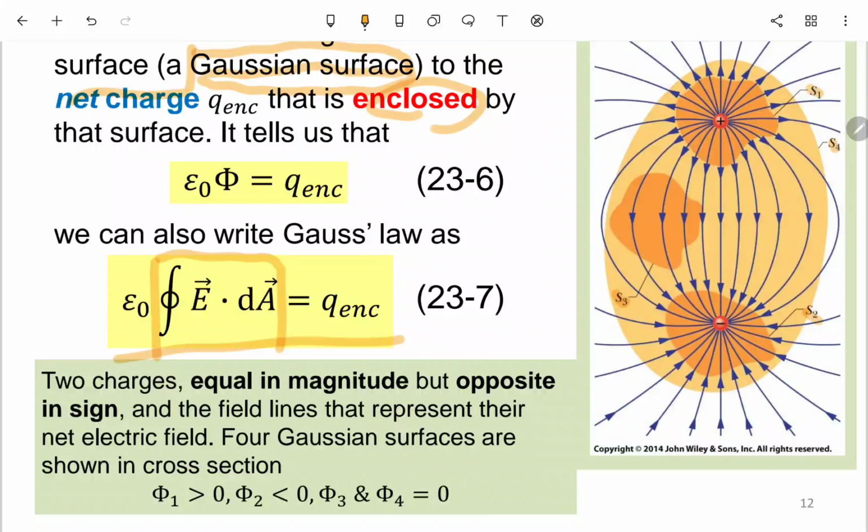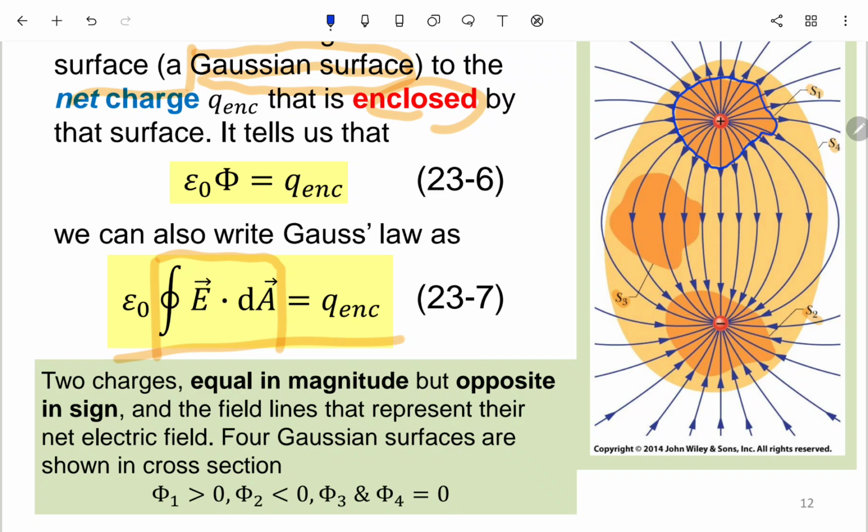Okay, so for the first one, S1 is referring to this one. As I mentioned, the Gaussian surface is only an imaginary surface. It doesn't necessarily exist. It doesn't necessarily have to be a very symmetrical structure. It can be a very strange shape. 所以它可以很奇怪，所以它故意画一个凹凹凸凸的形状出来。Okay, so 这个是 S1.